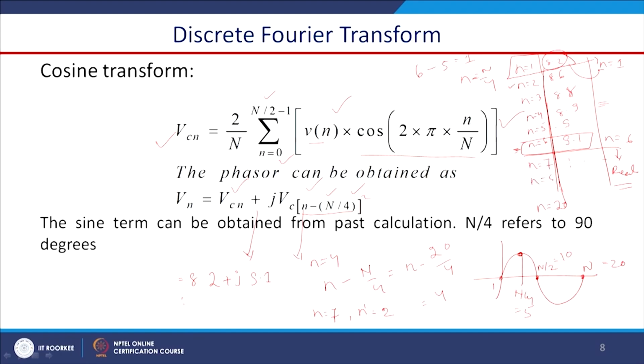If it is 8, the imaginary part will be 3, and if it is 9, then it will be 4, and so on. So, if I know a string of data, it is not necessary to calculate the sine part separately. From the cosine part, from the same signal, we can always calculate the real part as well as the imaginary part to find the magnitude and phase angle of the signal.